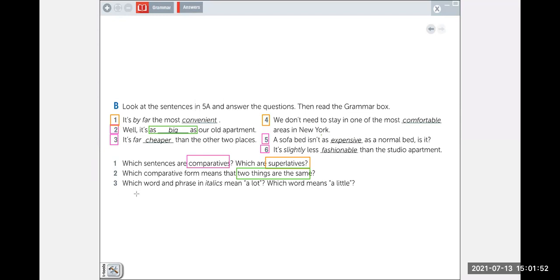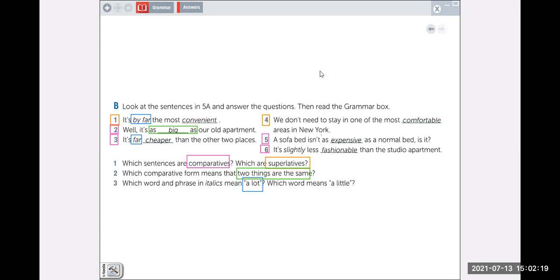Then we have the other. Which word and phrase in italic means a lot? With 1 expensive, and 3. By far, very good, by far. And 3, far. Very good.